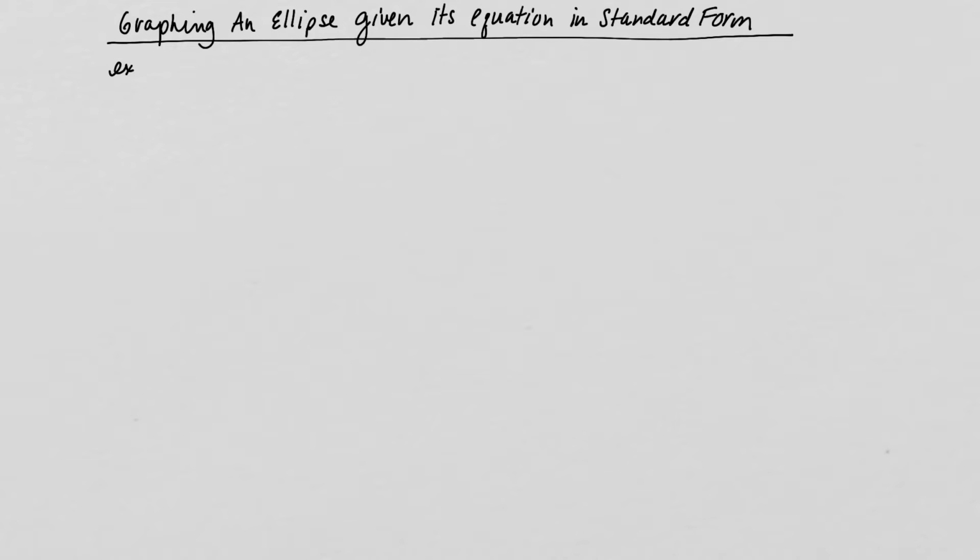So for example, graph (a) (x plus 3) quantity squared over 9 plus (y plus 3) quantity squared over 25 equals 1. So the first thing that we want to do is to find the center.